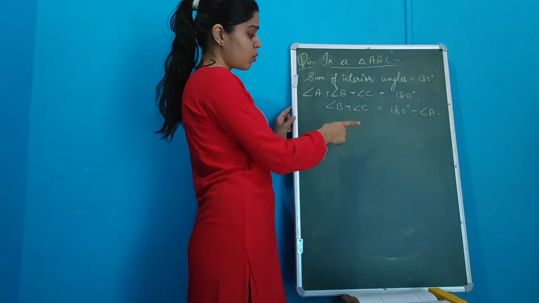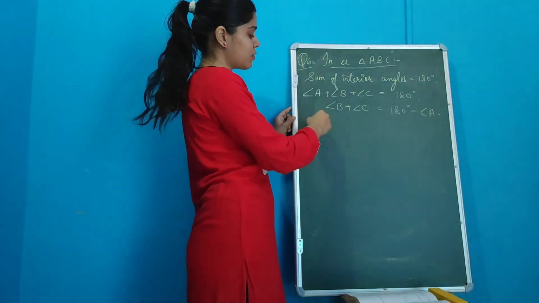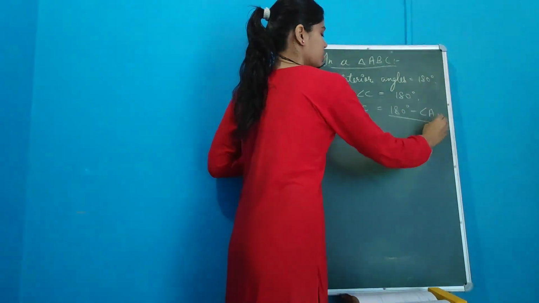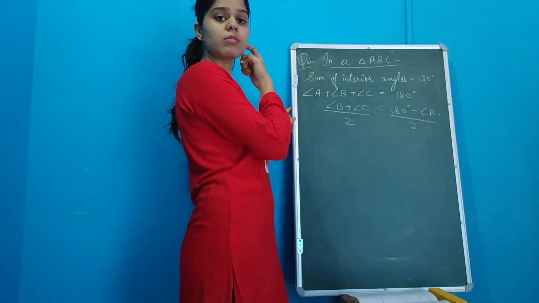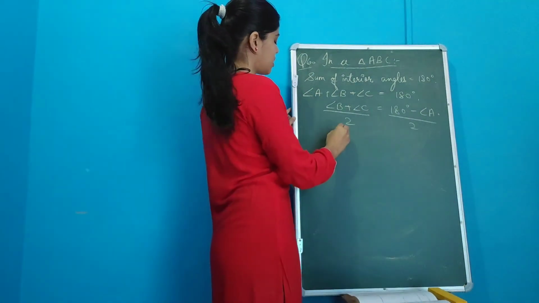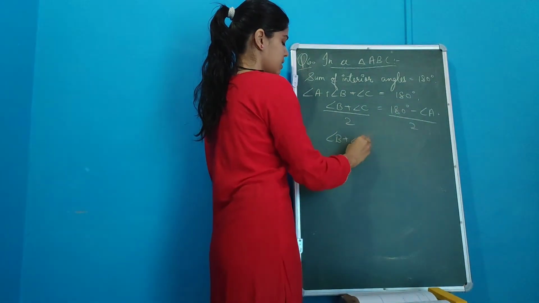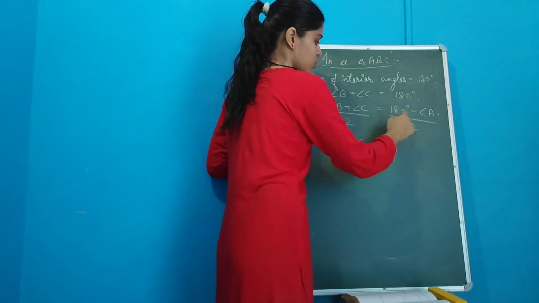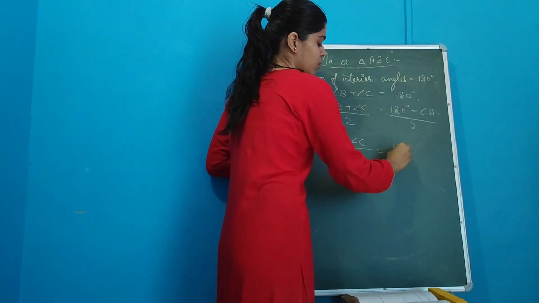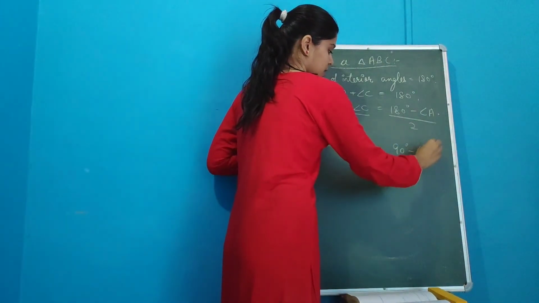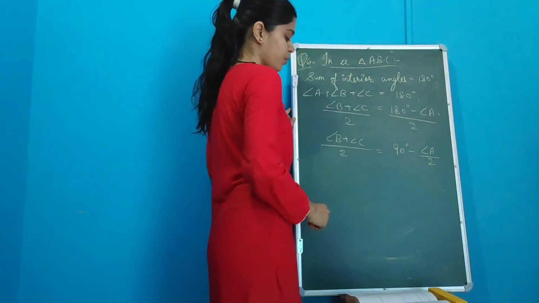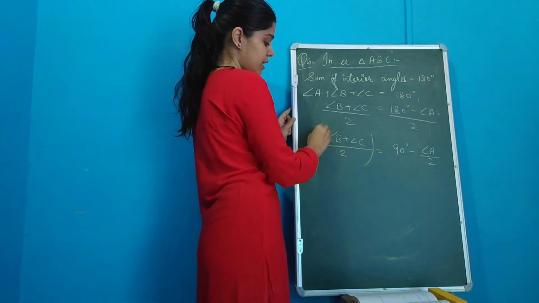Okay, and we want half of it. B और C का half चाहिए, so divide both the sides by 2. Dividing both the sides by 2, it will make angle B plus angle C upon 2 equals to 180 by 2, it will become 90, minus angle A by 2. Now what we need is the sine.